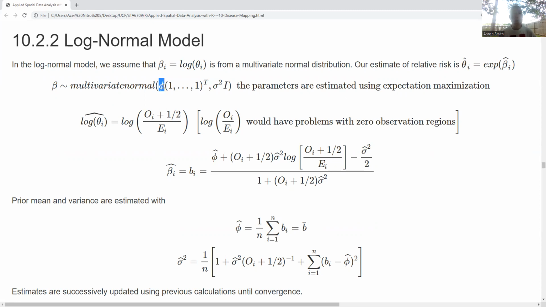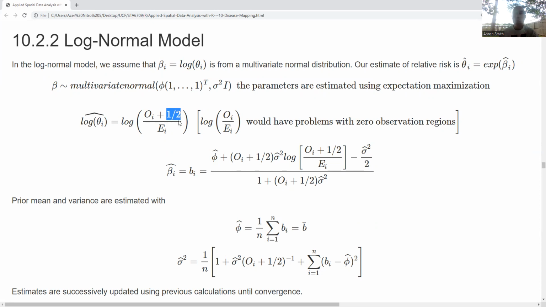And the phi and sigma squared are estimated using expectation maximization. All right, so our estimate of log of theta is going to be number of counts plus 1/2 divided by expected value logarithm. The reason why we have this 1/2 here is because we could potentially have zeros, and zeros would give me problems inside that logarithm.